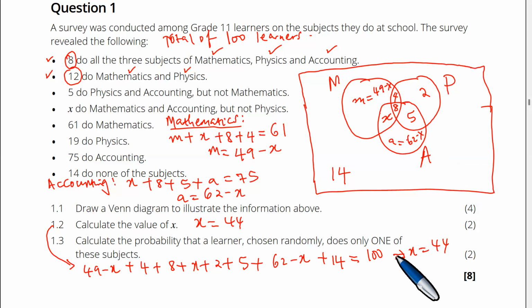Right, if a student does one of these subjects, suppose a student does only physics, what is the probability that the student does only physics? Or the student does only mathematics, or the student does only accounting.